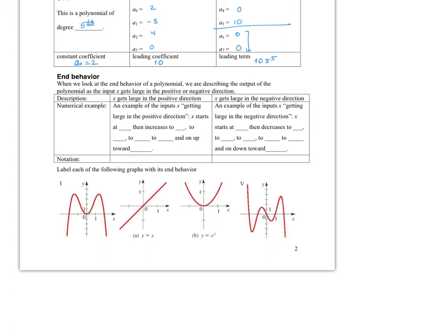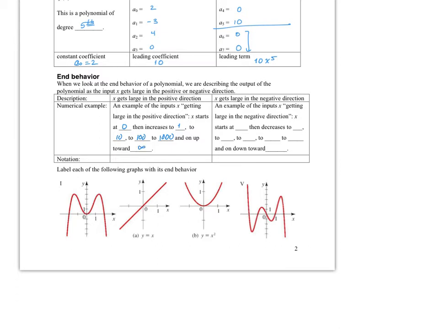Now, I already mentioned this part. The end behavior is technically what happens to y as x gets bigger and bigger or smaller and smaller. So now this is just a fancy way to write it. As an example, for the inputs of x getting large in the positive direction, x usually starts at 0, and then you can go to 1, 10, 100, 1,000, and finally it's going towards infinity.